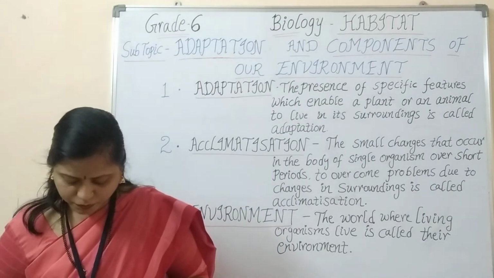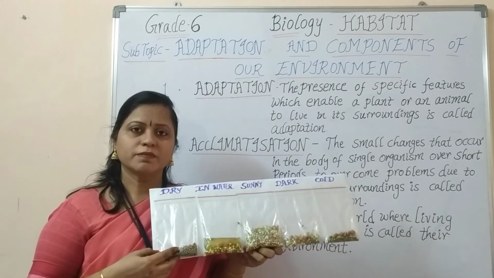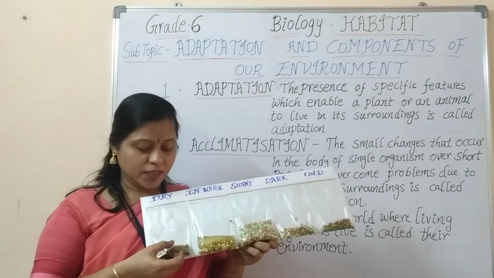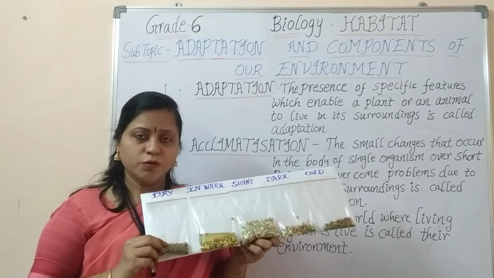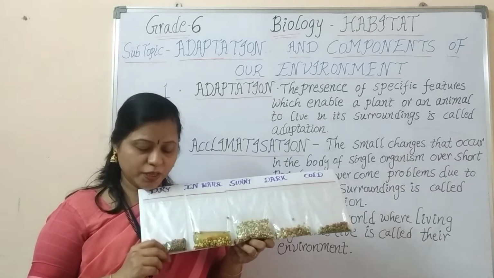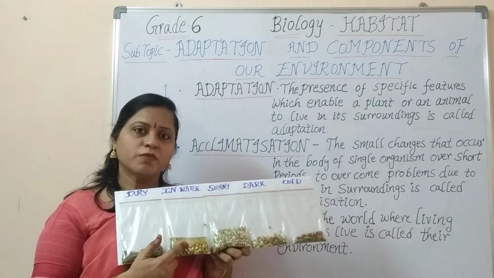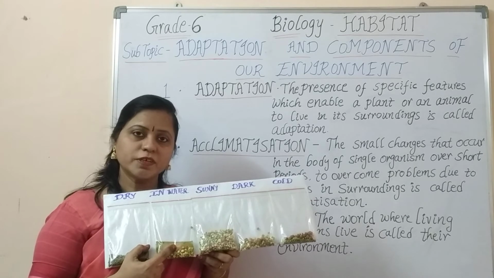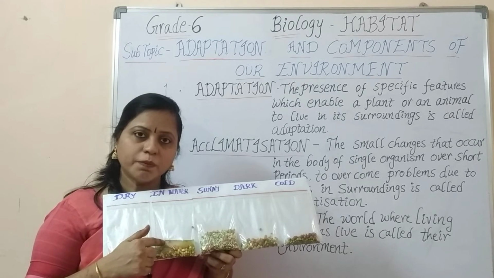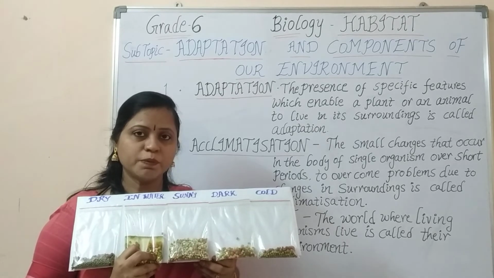So here, for doing the activity, we have to take some moong seeds, green gram seeds and chickpea seeds. From the seeds, one part we have to keep as dry seeds and another part we have to soak in water for 1 day. After soaking for 1 day, some of the seeds we keep in water and the rest we divide into 3 parts.